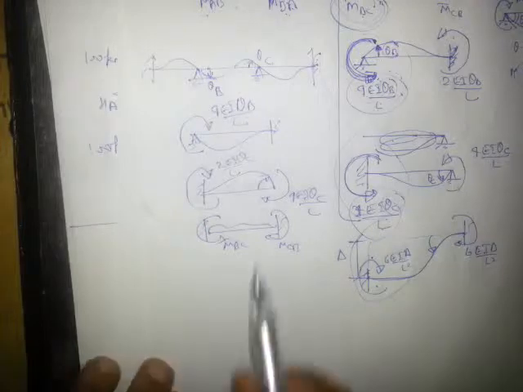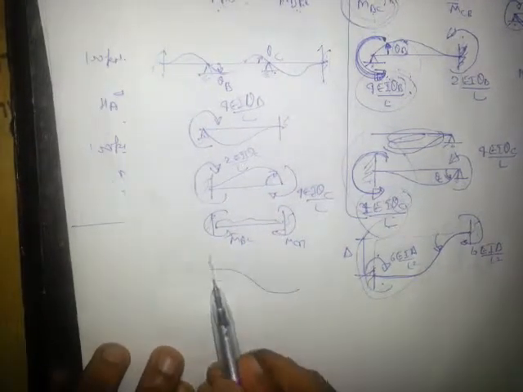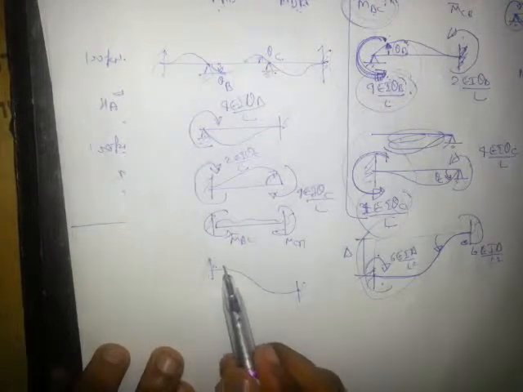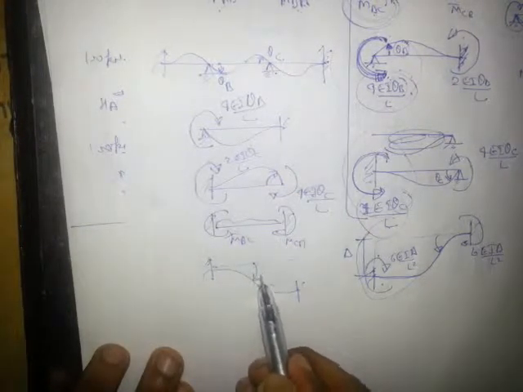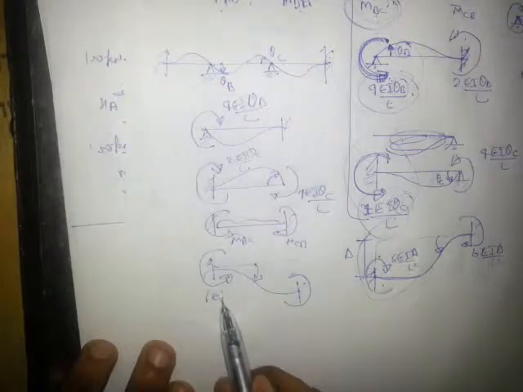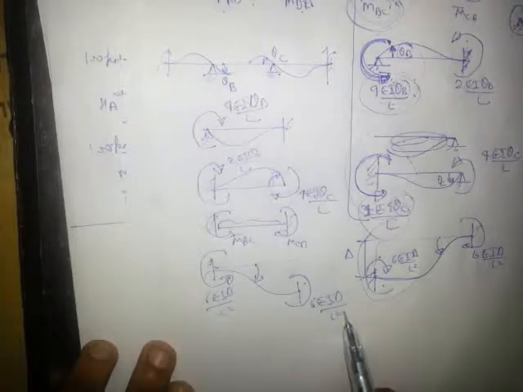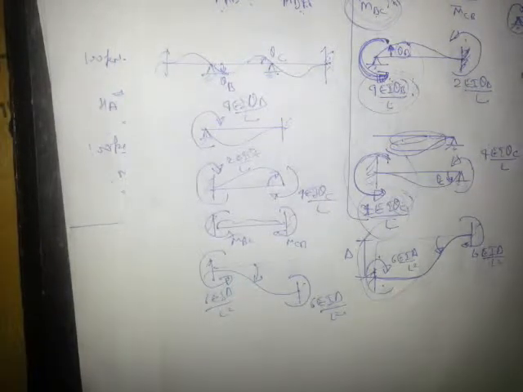For example, support C settles down. So this is B, this is C, and this gives 6 EI delta divided by L square, 6 EI delta divided by L square.